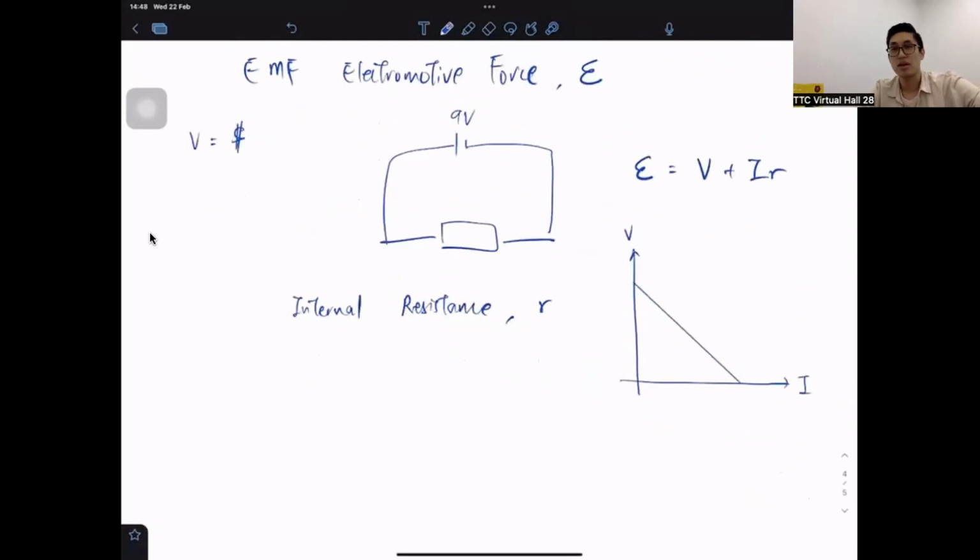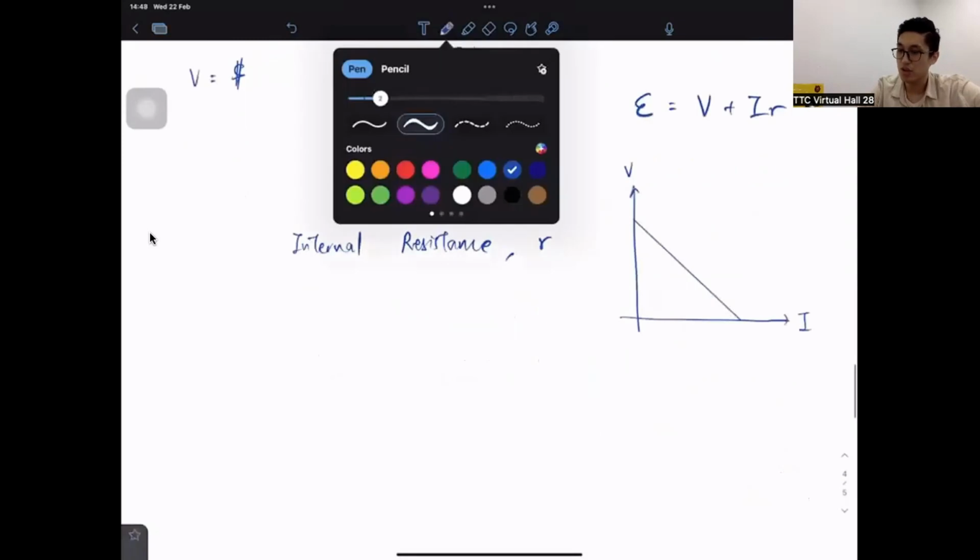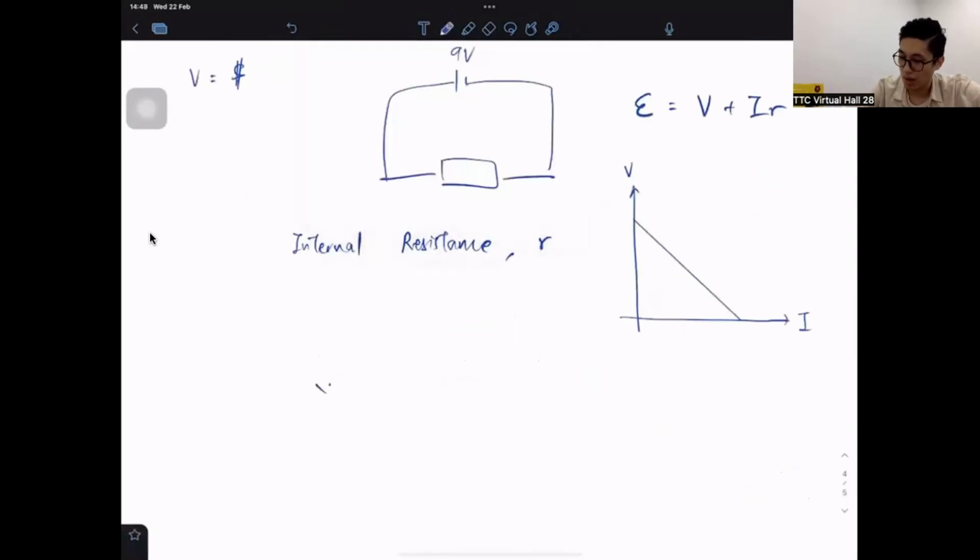Any straight line graph, you can always write it as y equals to mx plus c. This means the y-axis is what? This is the gradient. This x-axis is what? This is the y-intercept. So this y-axis is V.